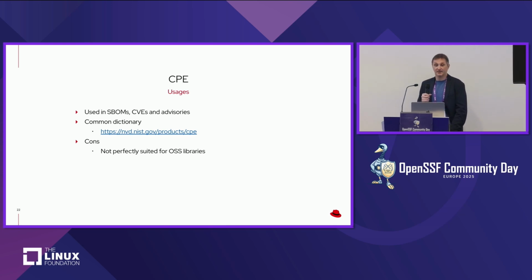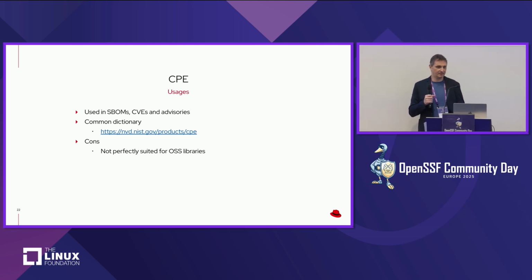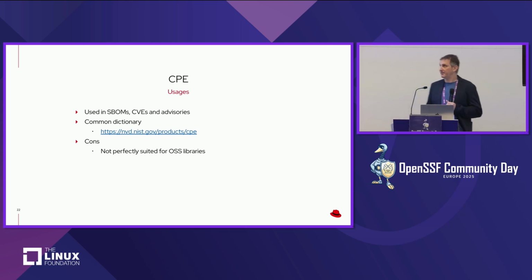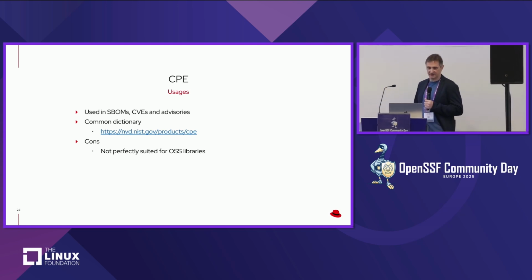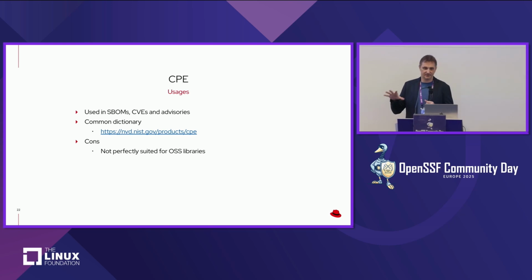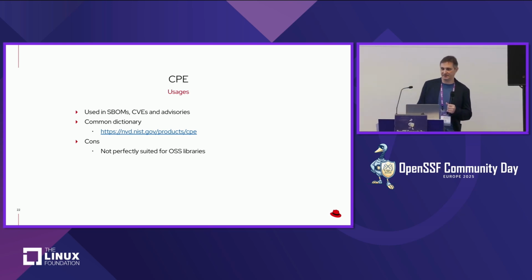That's why PURLs are used for that, as we will see in a minute. But currently, CPEs are mainly used in SBOMs and CVEs and security advisories to basically identify the whole software products, not the packages, not the libraries within it.